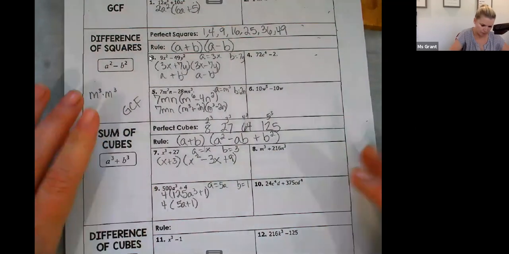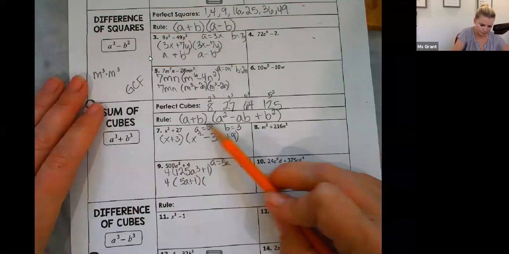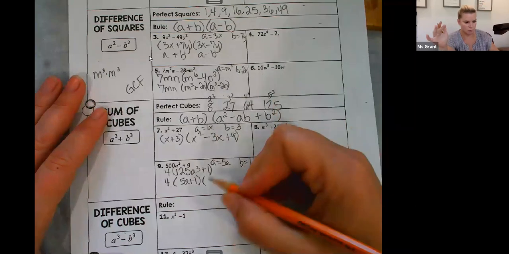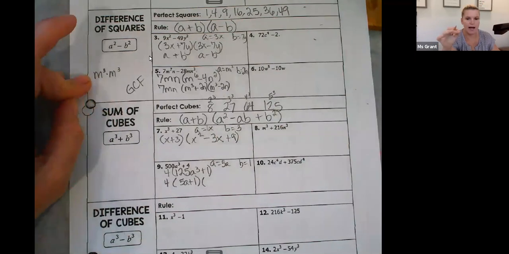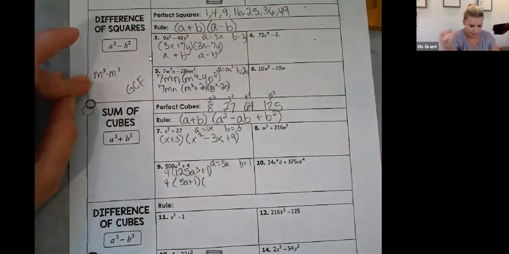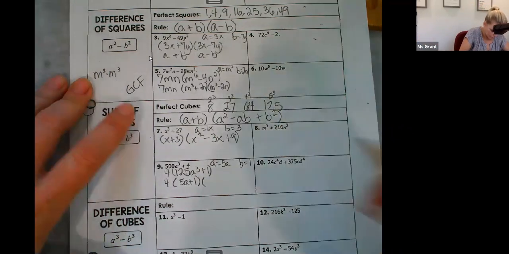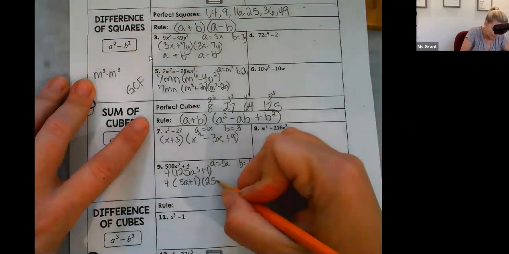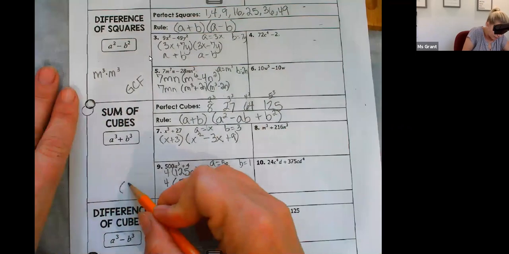Then a squared, 5a squared. Okay, 5a times 5a, 25a squared.